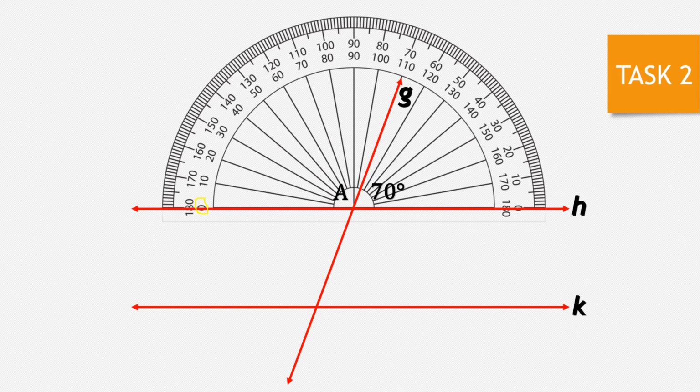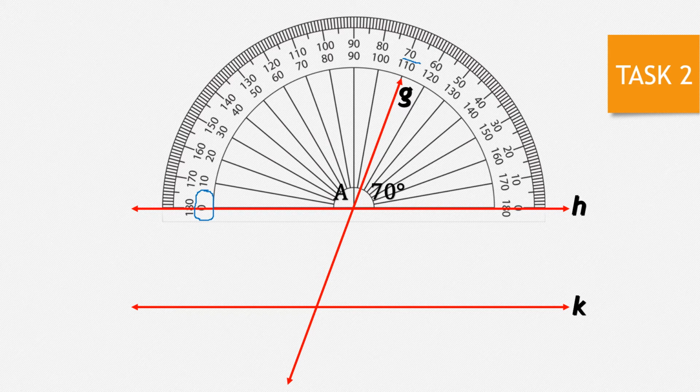Let's change the colors. Maybe not red, but another color. Let's try blue. Anyway, let's start here. Since our angle is facing on this side, let's start with the 0 here, and find where the other side points.